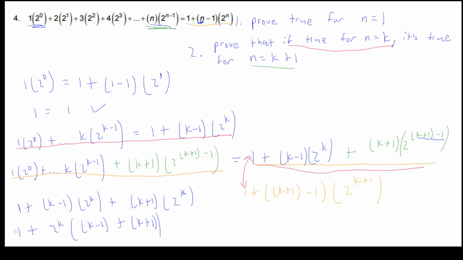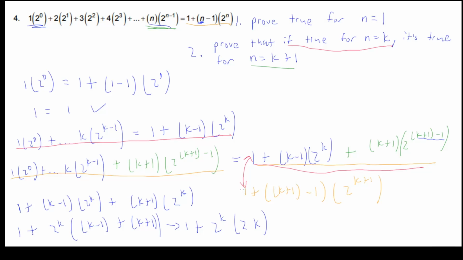So yeah, if you multiply this stuff out, you'll see that it's the same as this expression up here on top. Okay, we can simplify this even further. 1 plus 2 to the k times, so k minus 1 plus k plus 1 is the same as 2k. So 2 to the k times 2k.